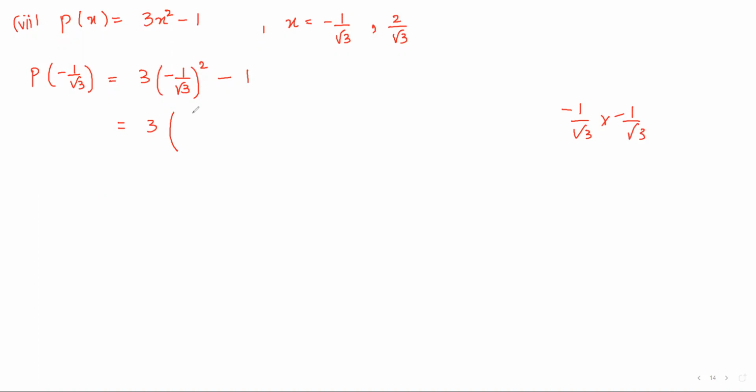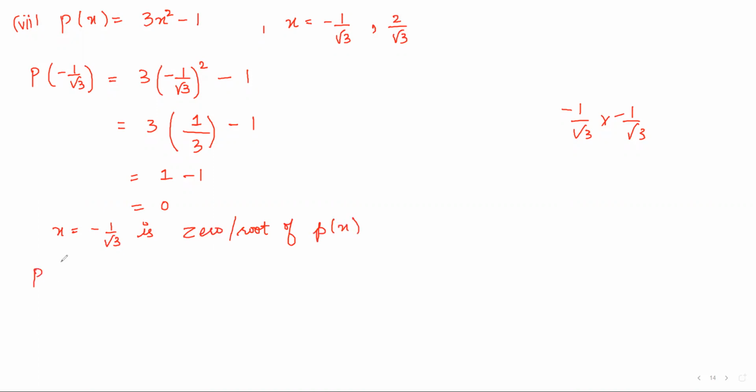So in the numerator you get only 1 and under root 3 into under root 3 is 3. Is that okay? So 3 cancels out. So it's only 1 minus 1, that is 0. So that means x is equal to minus 1 by under root 3 is a zero or root of this polynomial Px.